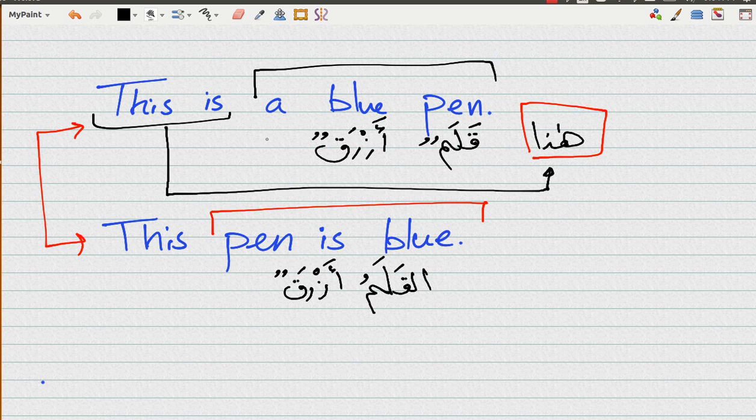So there's a difference between a blue pen and pen is blue. Inherently implicitly there's a small verb there. The pen is blue. القلم أزرق.